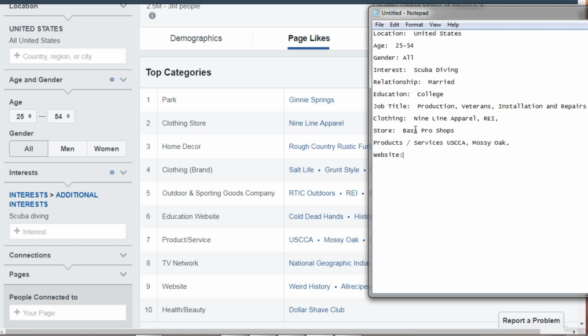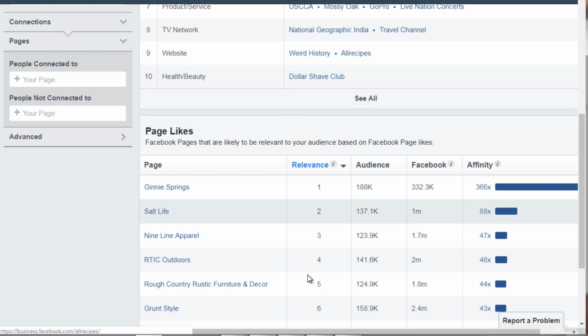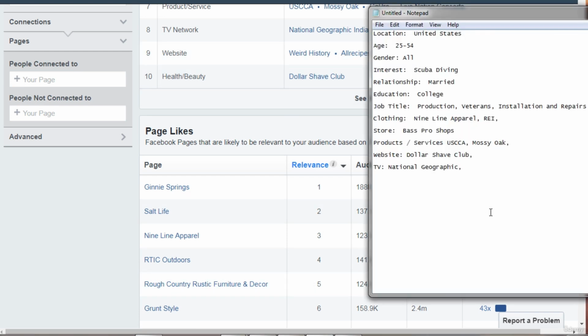What websites do they visit? What TV shows do they watch? So they watch the National Geographic. They like to visit All Recipes.